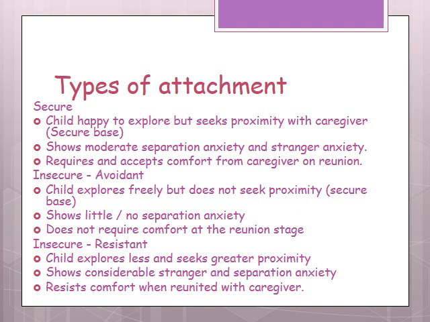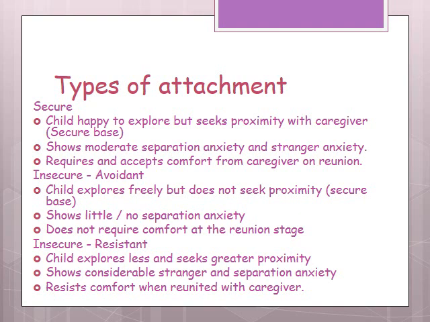Insecure avoidant and insecure resistant are the extreme behaviours at the opposite end of the spectrum or continuum. So an avoidant child explores freely, but they show little separation anxiety, so they don't really seem to mind that the mum has left, and they don't require comfort at the reunion stage.